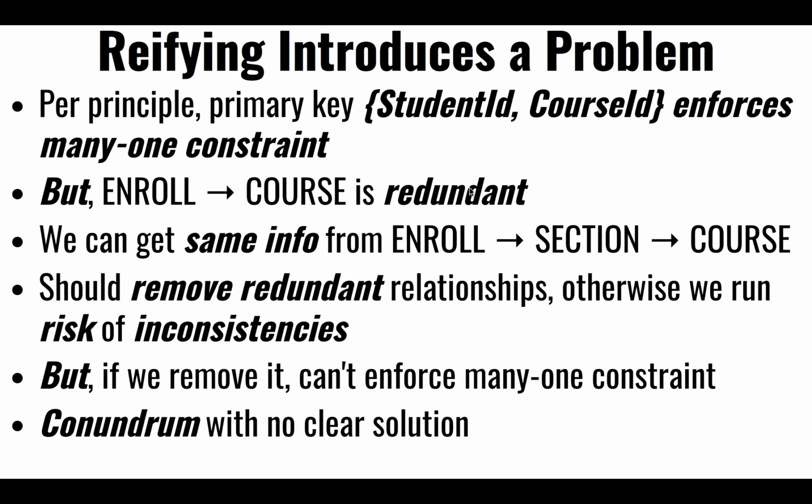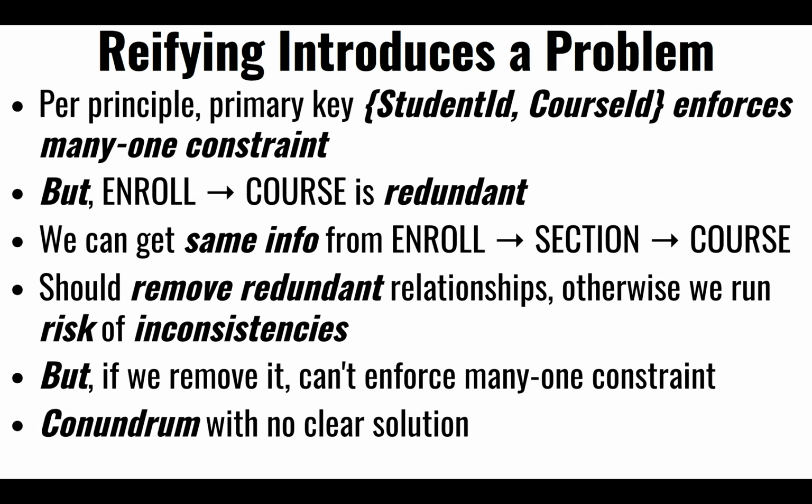So what should we do? Should we remove the redundancy? You want to remove the redundancy because you risk inconsistency. Conceptually the two paths need to give you the same answer. But for whatever reason, it could be that eventually you do the two queries and they don't come out exactly the same. What's going on?